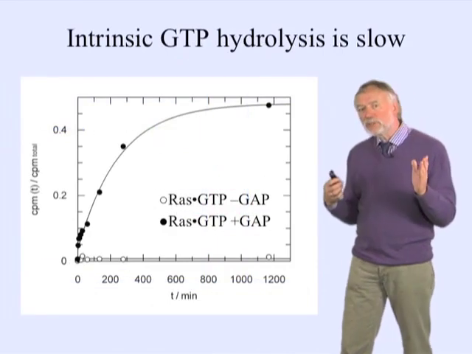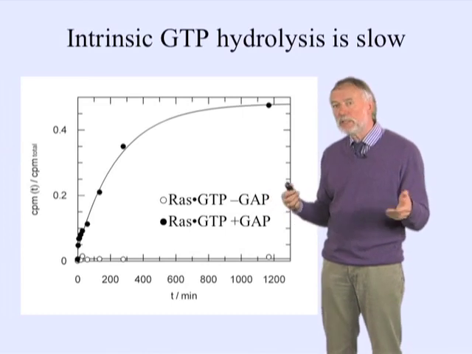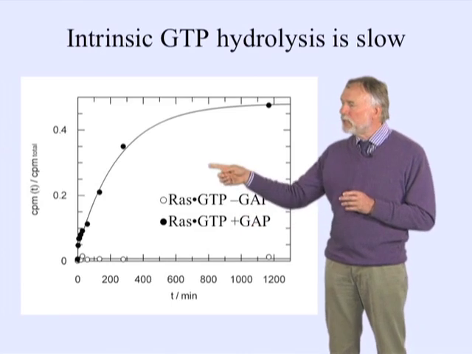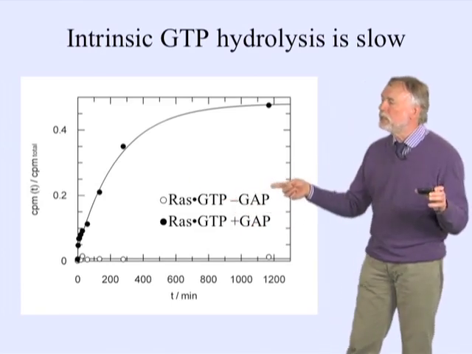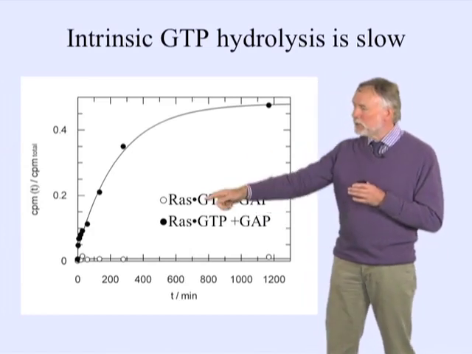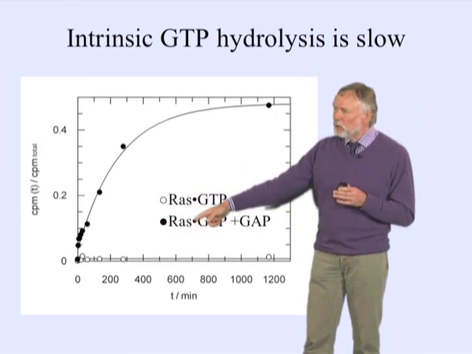So first of all, to remind you, the intrinsic GTP hydrolysis is very slow, but if you add the GTPase activating protein, it's fast. What I've been doing here is I take radioactive GTP, gamma labeled for example, and then I measure the production of Pi over time. You see down there, this reaction, at room temperature, is almost negligible.